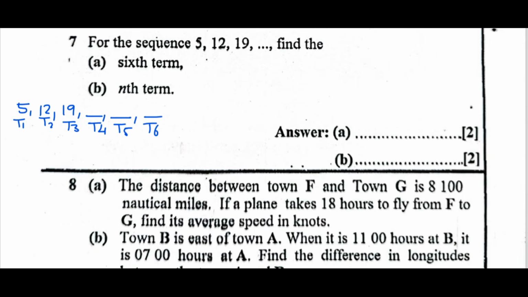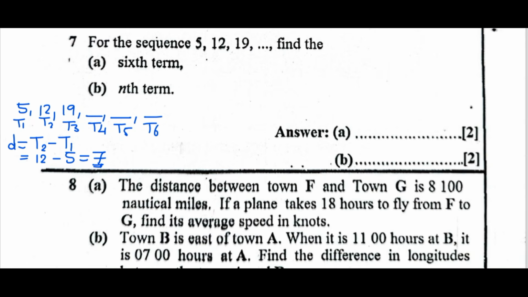So we want to find the number in the 60th position. So let's find it by using the formula. Common difference is equal to second term minus first term. So second term is 12 minus first term is 5. 12 minus 5 is 7.